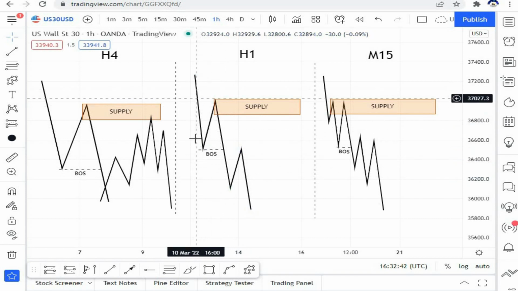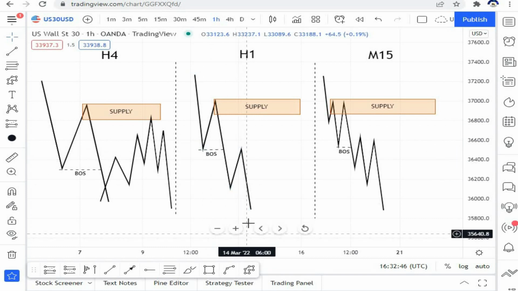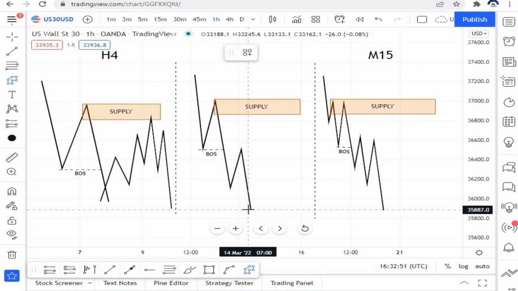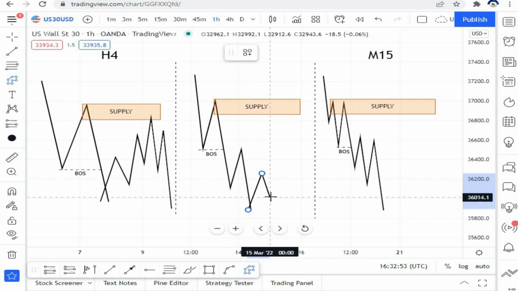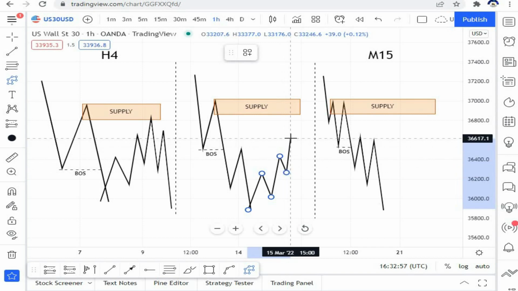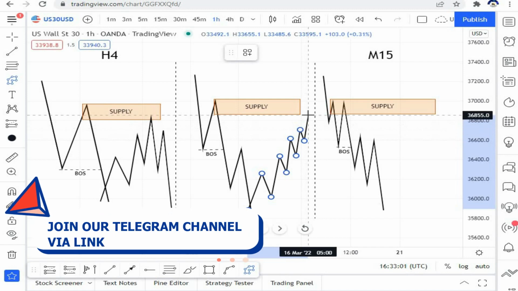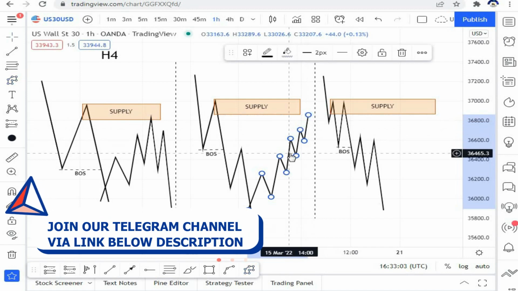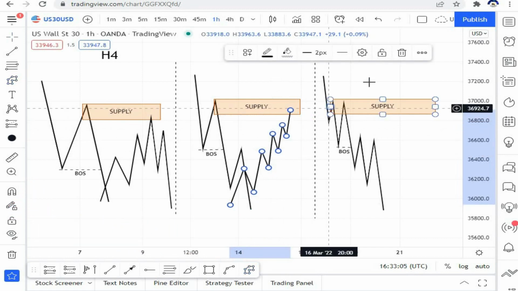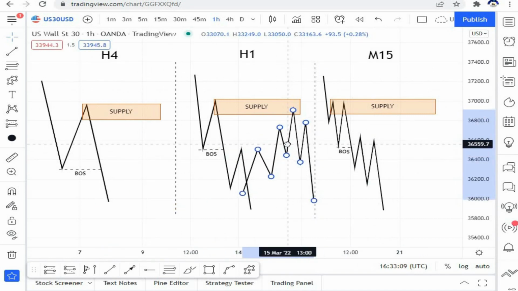Why? Because we have this break of structure and then the price continued going down, and then let's say the price is coming back. Obviously they'll come and take the first supply. Why? Because that's where the liquidity is laid on. So you expect the price to give you a correction because it's different in all time frames.